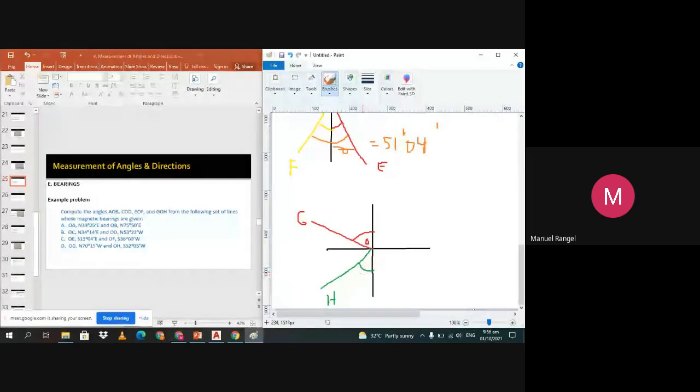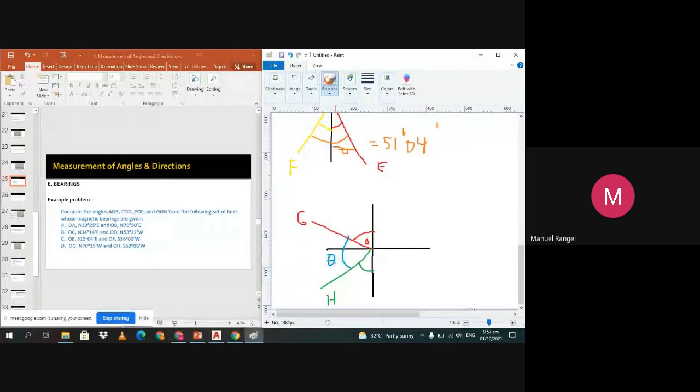So what is required is GOH, between these lines. So this angle. We know that this semicircle is equal to 180 degrees, no? So we subtract from 180 degrees the two given angle values to get this angle.